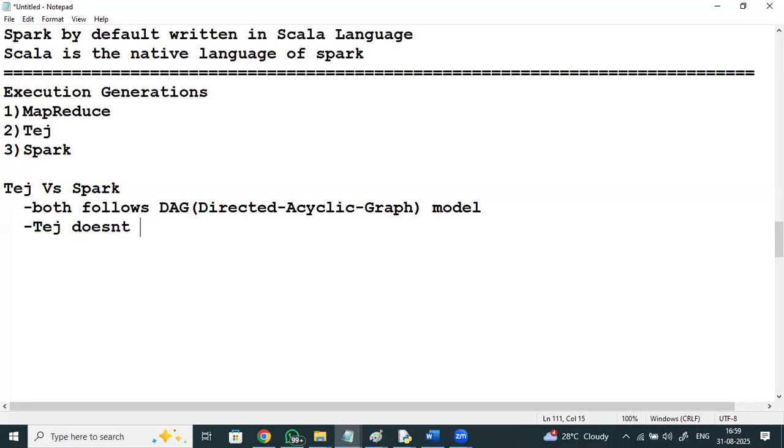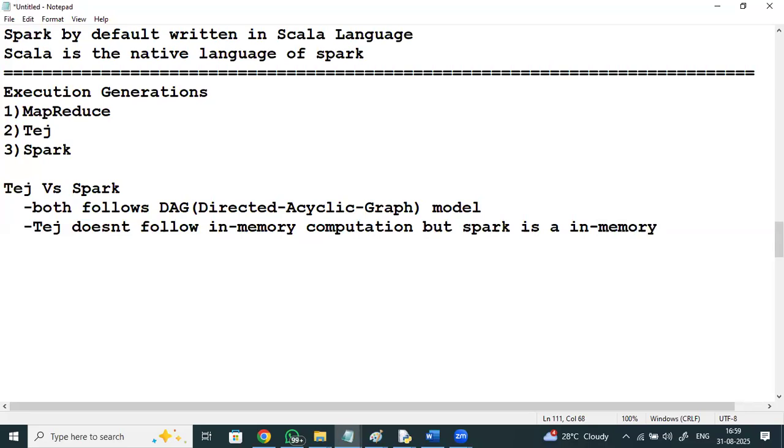Tez doesn't follow in-memory computation, but Spark is an in-memory computation system.